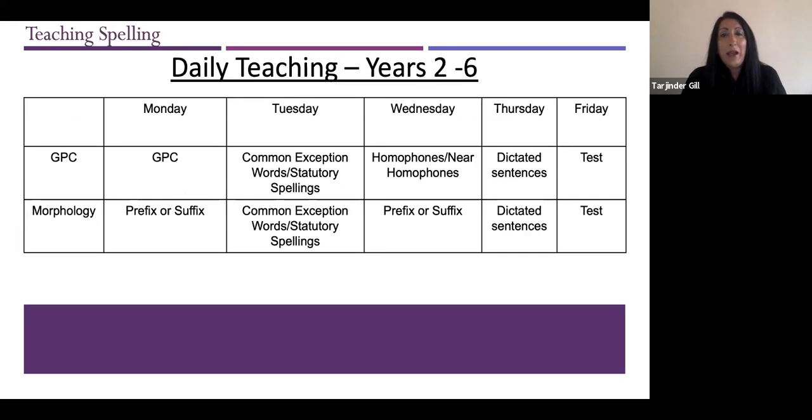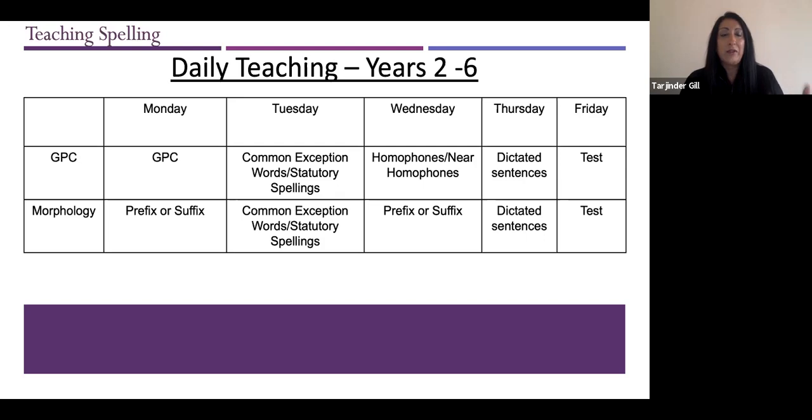This is one model, one way you could do it: we'll have a week of teaching grapheme phoneme correspondences. And I don't think you can teach grapheme phoneme correspondences for spelling and morphology in exactly the same way. I think you do have to have a slightly different approach for both.